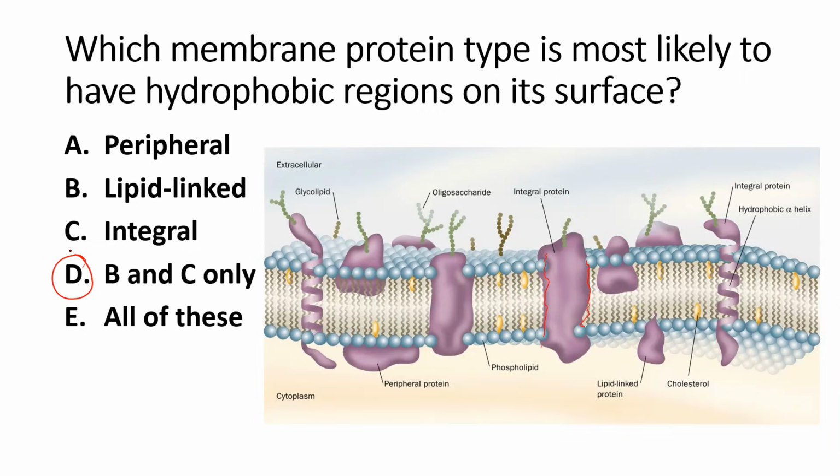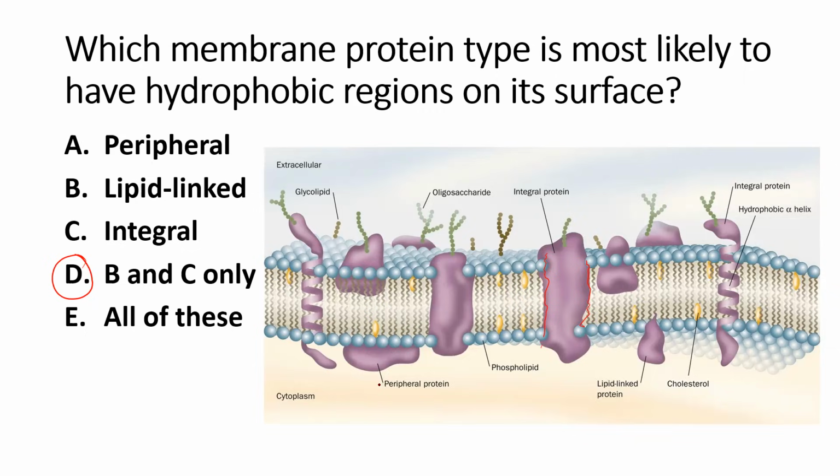So let's go through all these. A peripheral membrane protein, as the name suggests, hangs out on the periphery of the lipid membrane. Peripheral membrane proteins can often be dissociated from the membrane by adding a solution of sodium chloride or some higher ionic strength solution.